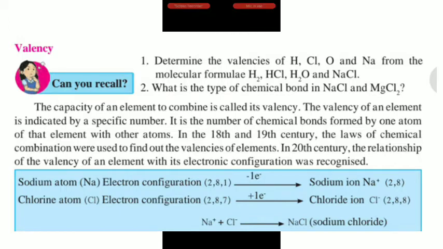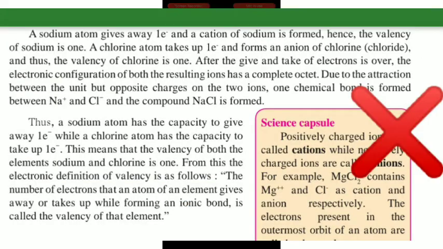Then chlorine atom electron configuration 2, 8, 7 takes 1 electron, and 7 plus 1 electron gives chloride ion, that is 2, 8, 8. So Na+ and Cl- gives us NaCl, that is sodium chloride.